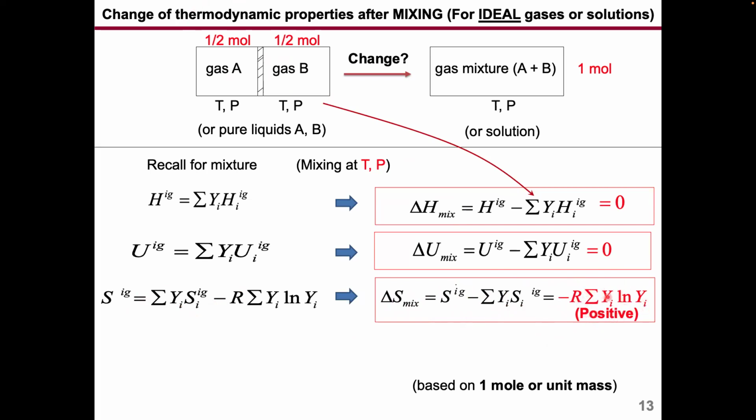And then we know Yi is a molar fraction, so Yi is a value between 0 and 1. So natural log Yi is going to be negative, negative, negative, positive, right? So delta S mix is always positive, as you can see from this equation.